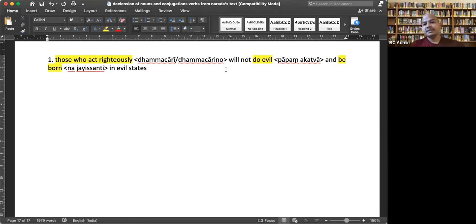Na jaisanti. Papang akatwa na jaisanti, in evil states. This is clearly locative case, right? Evil state. The Pali word for evil state is duggati. Duggatisu.